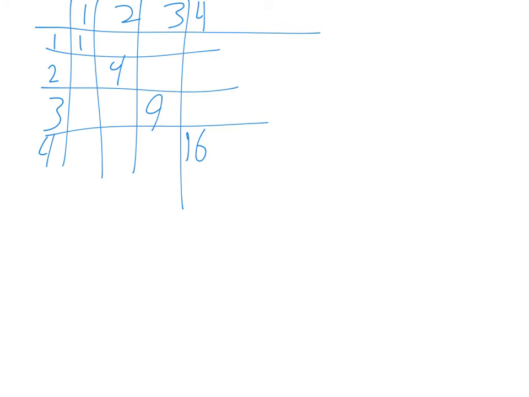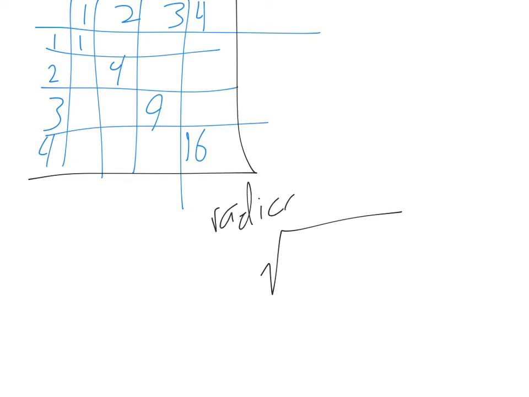To figure out a square root, you're going to see a symbol that looks very similar to division, but is subtly different. It's called a radical, and it looks like this. Underneath it, you'll see a number like 25, and that number is called your radicand.